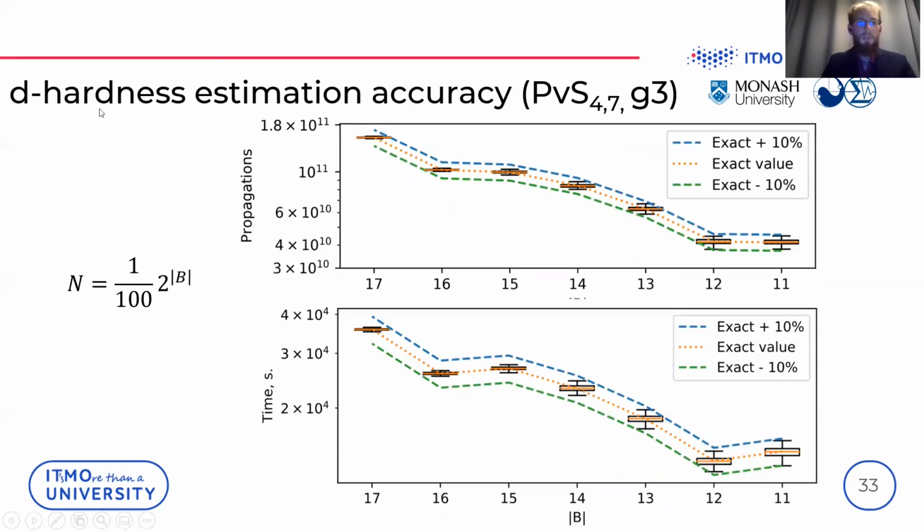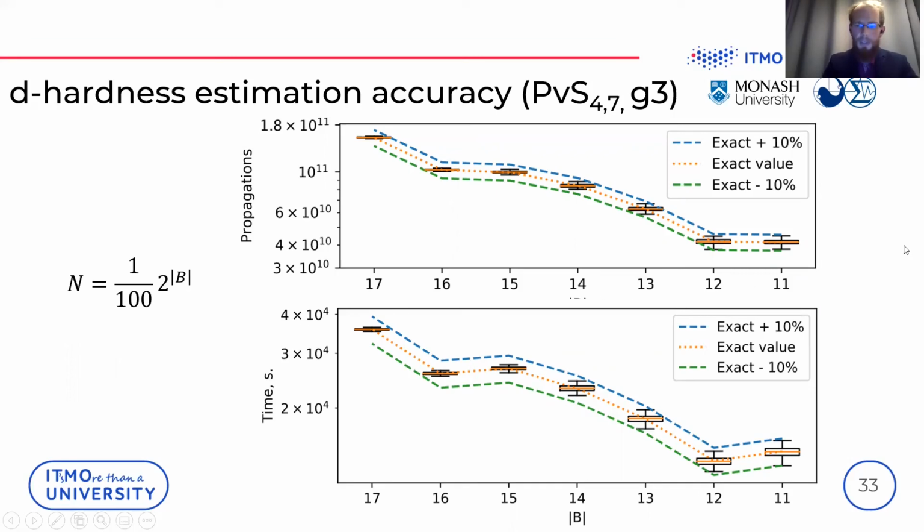These plots also illustrate d-hardness estimation accuracy. So we considered several sets B found during one search. And in this plot, the line in the middle illustrates the exact value of d-hardness, while the box plots correspond to several measurements of d-hardness measured with N equal to 100, out of the total number of subproblems.